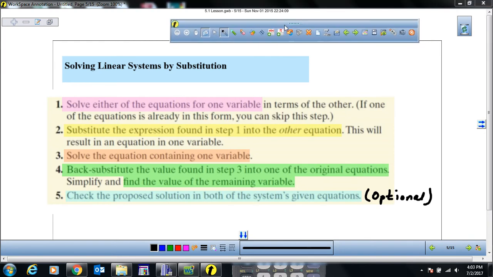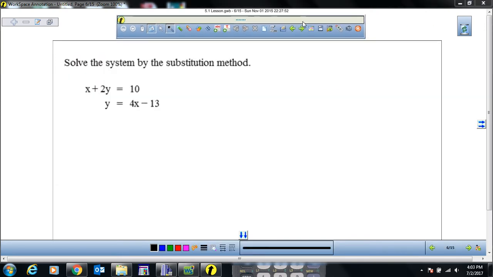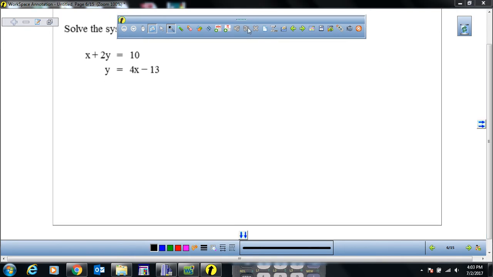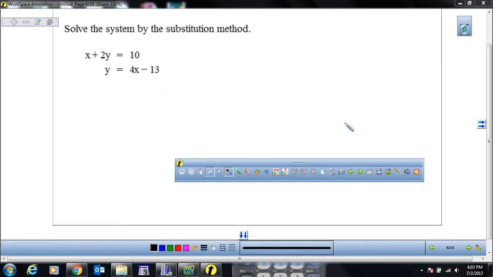Okay. So let's go through the process of substitution in the first question here. Question number 1 says, solve the system by the substitution method. So, for the substitution method, the first step in the process is that you need to solve one of the two equations for one of the variables.